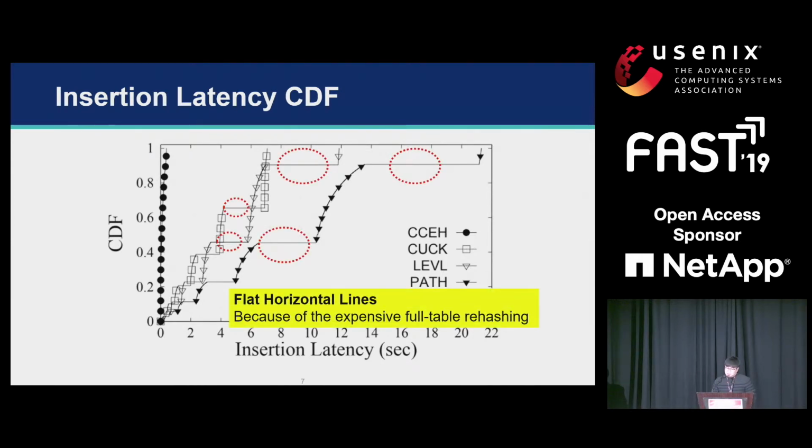These flat horizontal lines are because of the expensive full table rehashing. That is, whenever full table rehashing is performed, subsequent queries must wait in queue and their latency significantly increases. To resolve this problem, several dynamic hashing schemes such as extendable hashing have been used in various file systems and database systems.